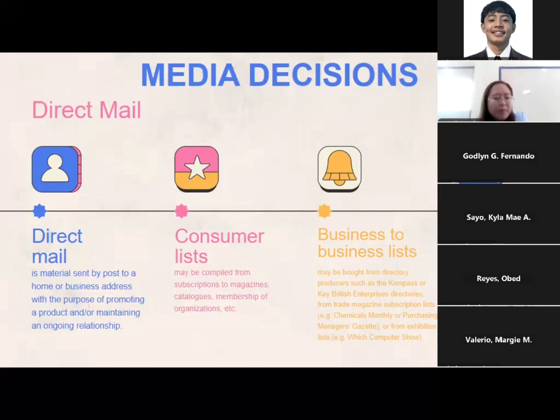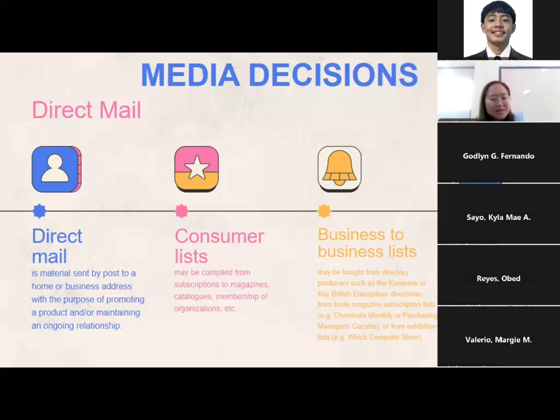These lists help them to target decision makers at companies that could benefit from their customer relationship management software. Another is the house list, like Amazon utilizes its house list to send personalized offers and recommendations to existing customers.